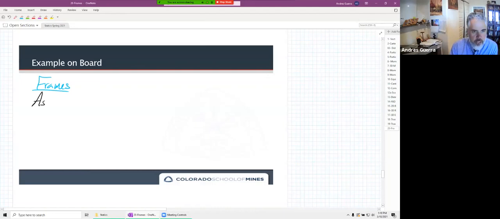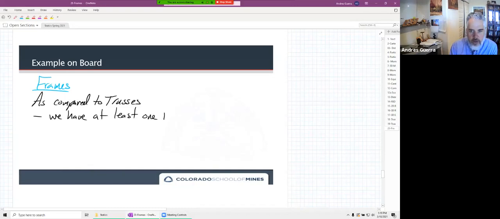One of our first learning objectives was to compare this to trusses. As compared to trusses, we have at least one multi-force member, which is a member.